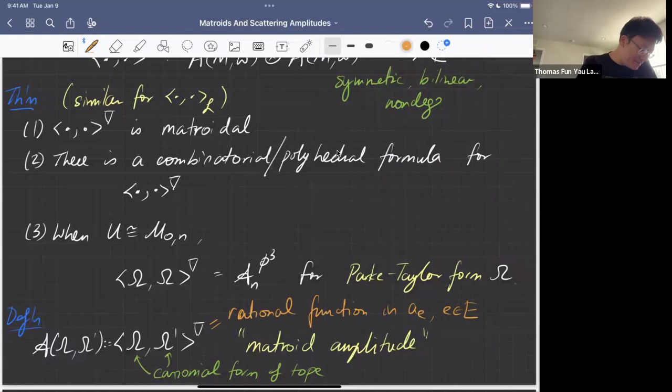And this rational function will depend on my inputs. What inputs will I use? I'll use something called the canonical form of a tope of an oriented matroid. That will be the correct analog of this choice here. The construction of this is in my paper with Chris Eur.